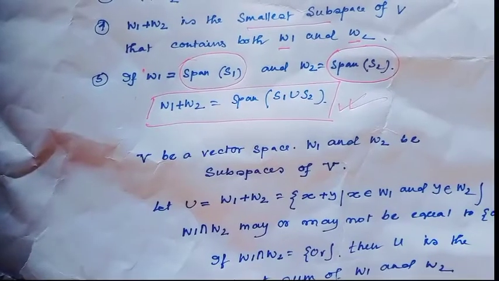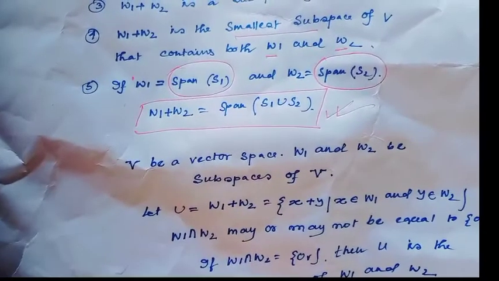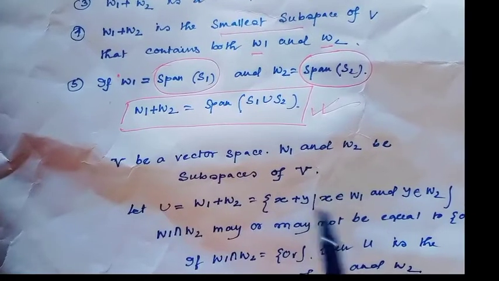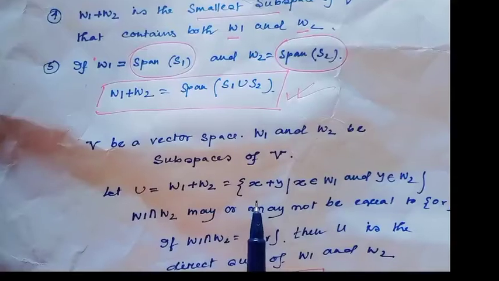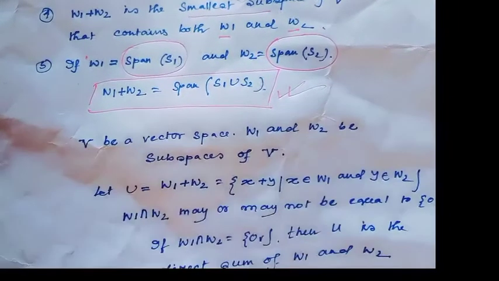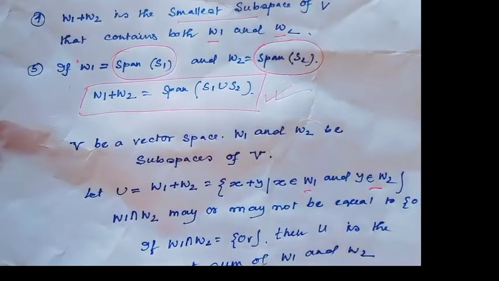And the concept of direct sum is: let V be a vector space and W1 and W2 be subspaces of the vector space V. Consider the set W1 plus W2, which is actually the set containing X plus Y, where X belongs to W1 and Y belongs to W2.